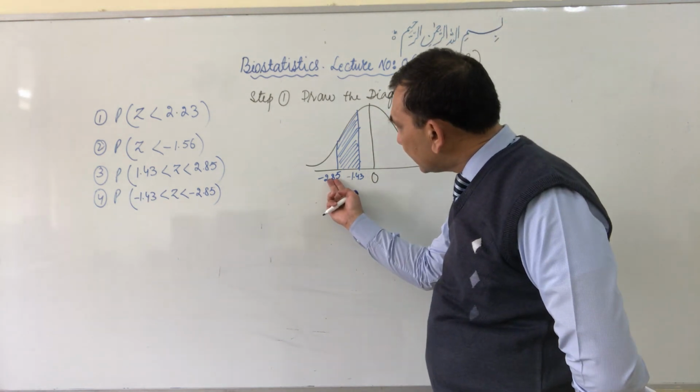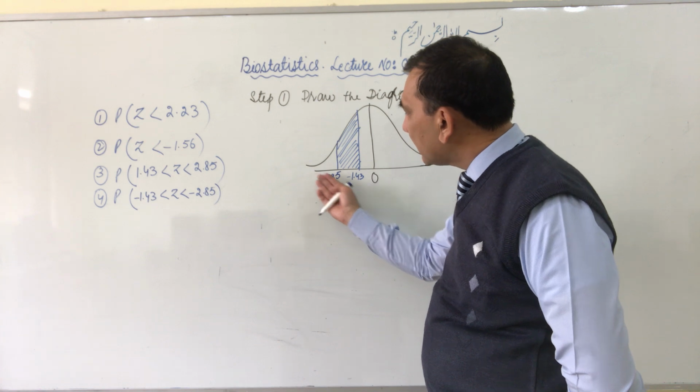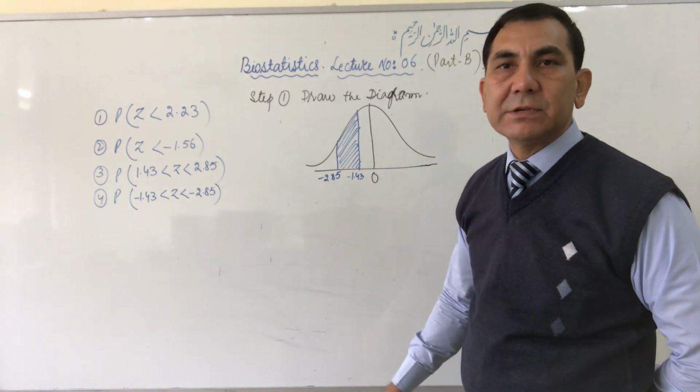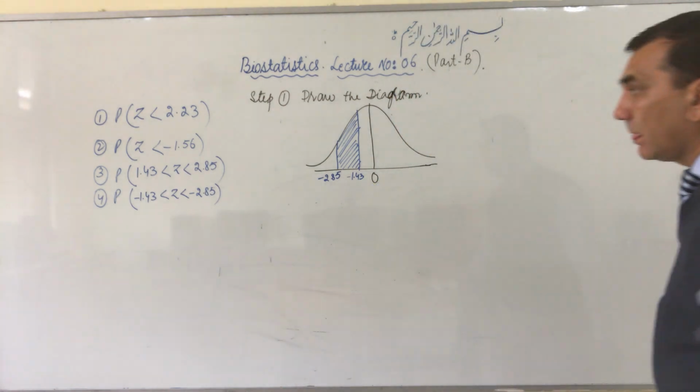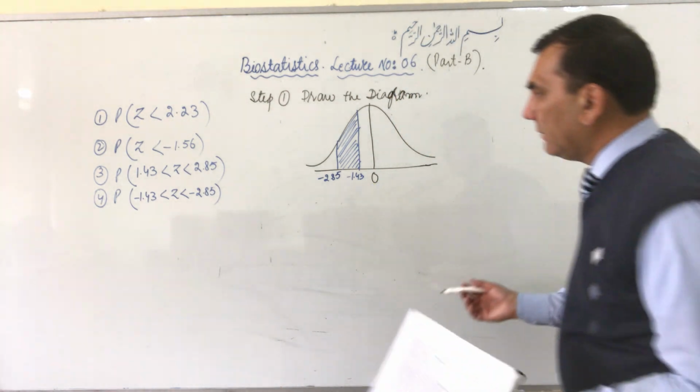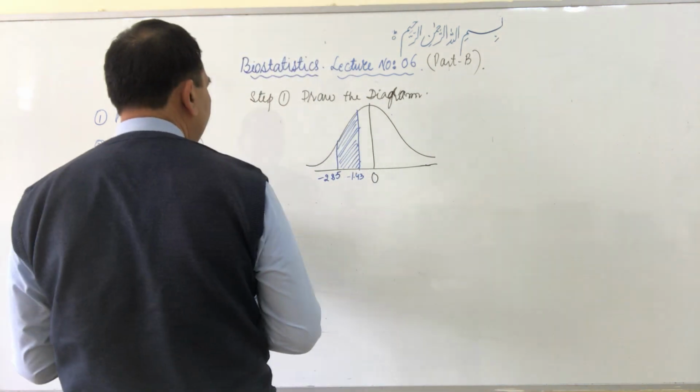Because minus 2.85 is smaller than minus 1.43, it will be on the left side of the board.